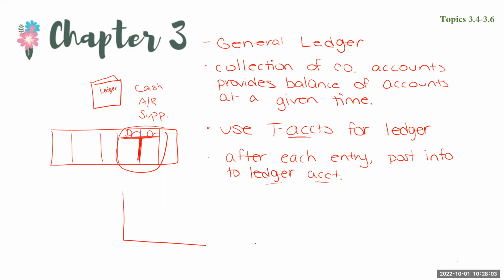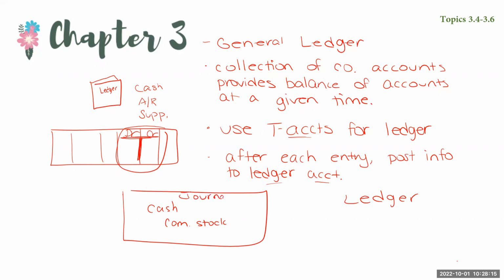So that means we do our journal entry. Maybe we do cash, common stock, and then posting means we take the information from the journal and move it to the ledger. We said each account is going to have its own T account. So let me just put cash in here and common stock, because those are the two involved right now.